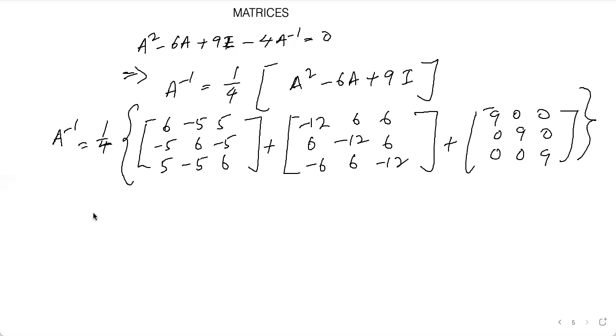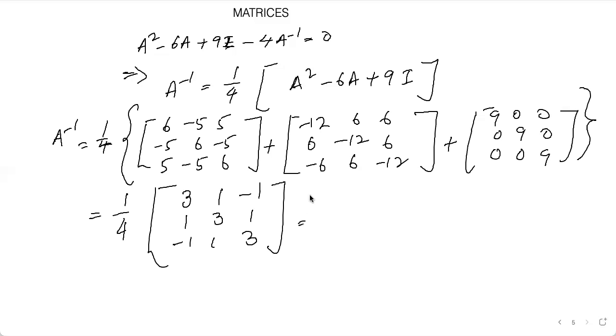So after simplifying the inner brackets, we get 3, 1, minus 1, and 1, 3, 1, and minus 1, 1, 3.